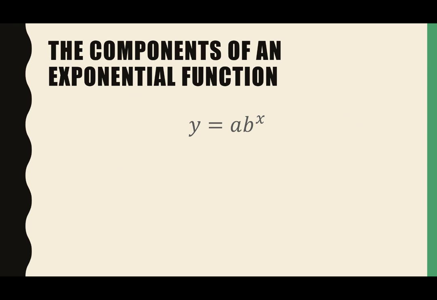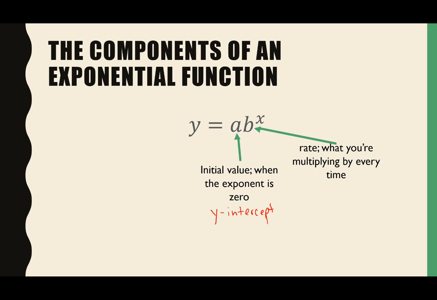So let's break down that equation. You've got an initial value A, and that's where it intersects your graph on the y-axis. So this is also your y-intercept. Okay, B is your rate, and that's what you're multiplying by every time. And then x and y are just any ordered pair.